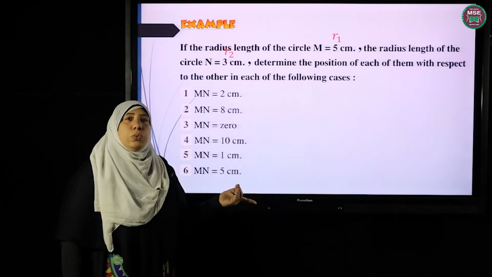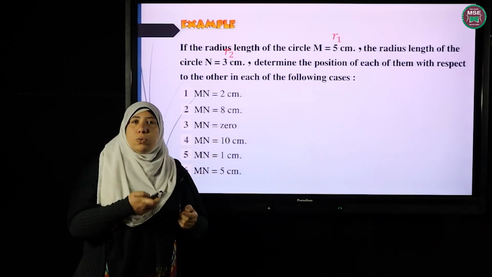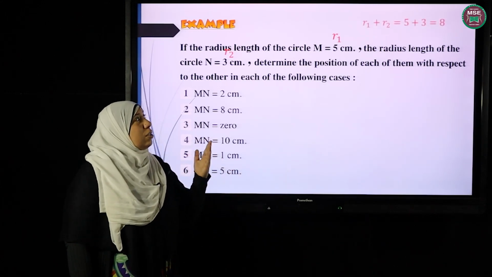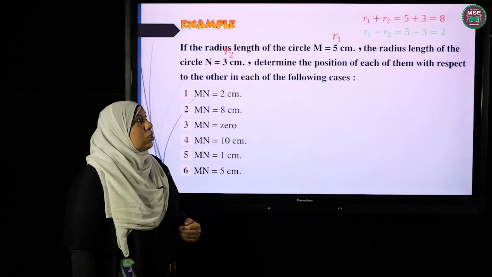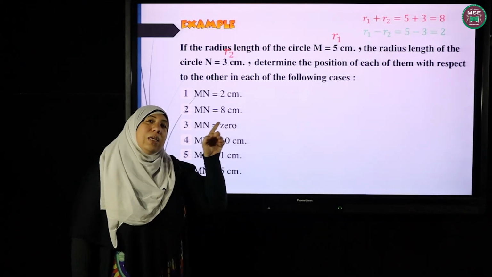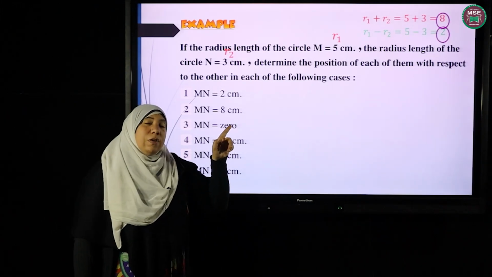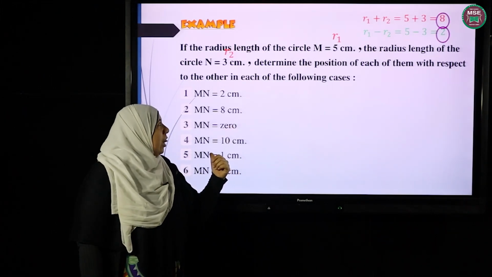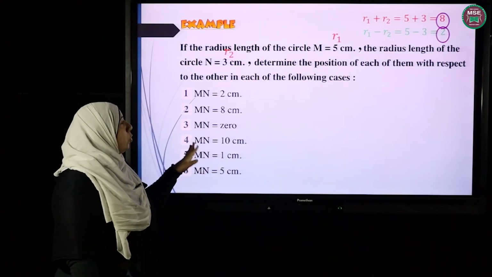I cannot know the position using R1 and R2. I have to find the sum, R1 plus R2, and the difference, R1 minus R2. These numbers define the position.